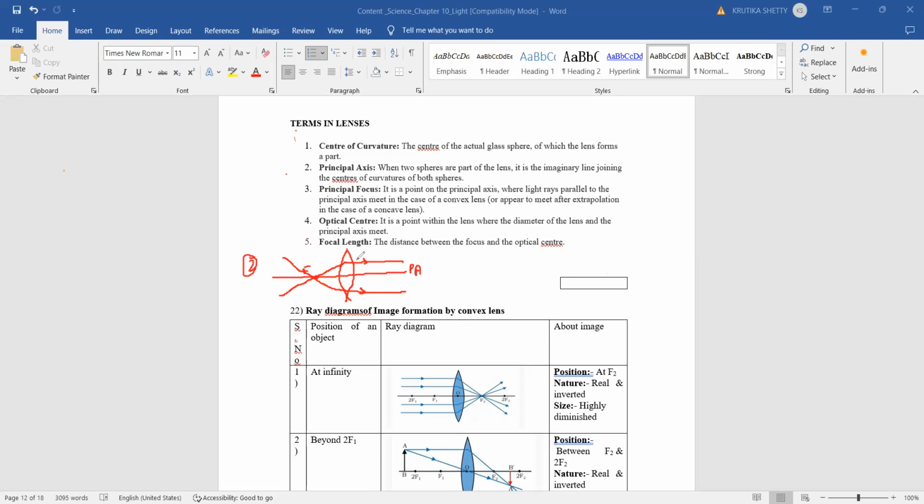So this is the second type. What is the second type of ray doing? If a ray is passing through a principal focus, then after refraction in the convex lens, it will move parallel to the principal axis.